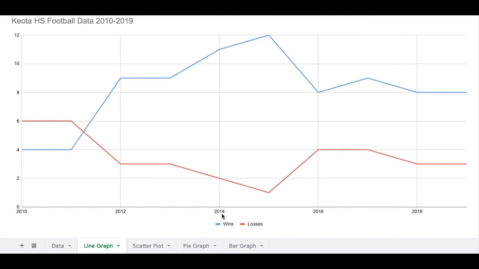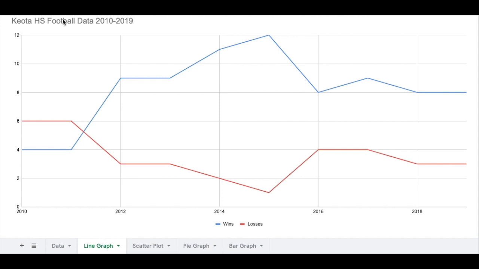So a legend gives an explanation of the symbols or different colors or different patterns that are used in the chart or the graph. If you look in the upper left hand corner, we also have the name of the graph, which will also give a little information about it and what you'll be looking at.